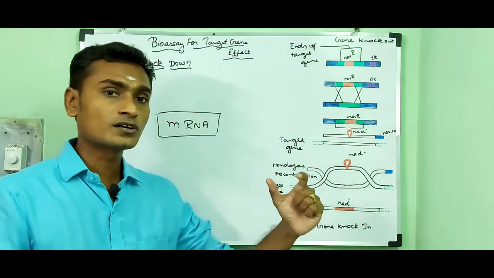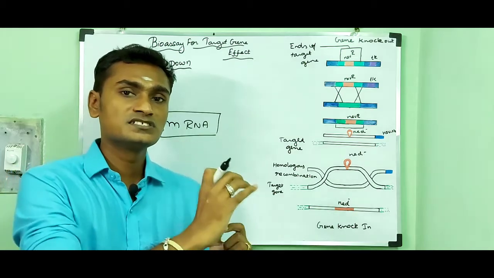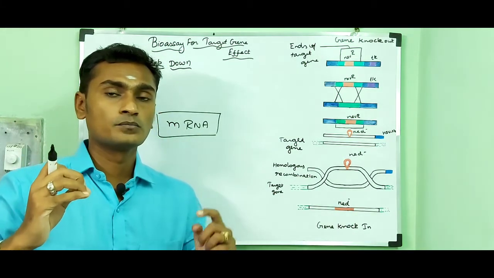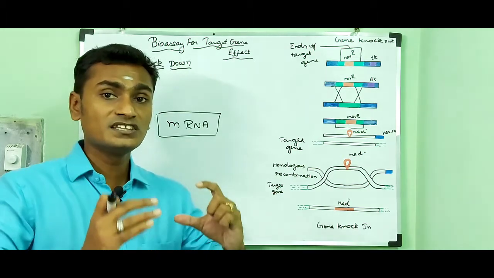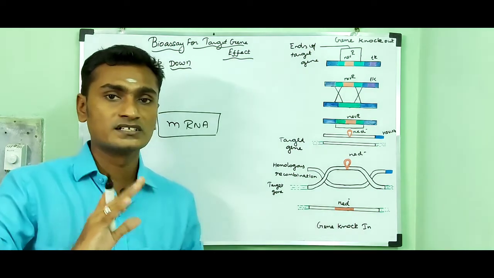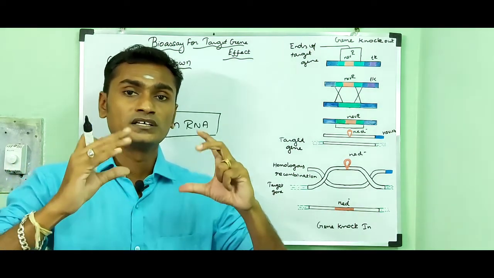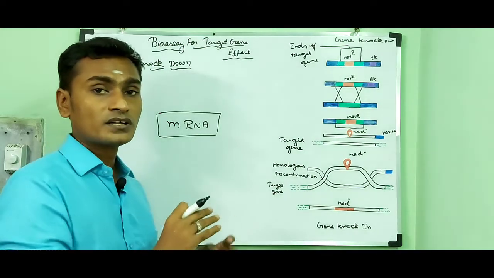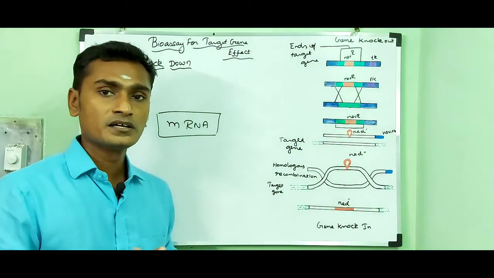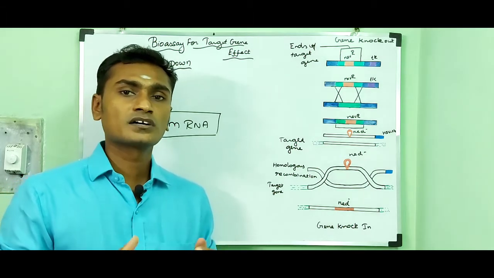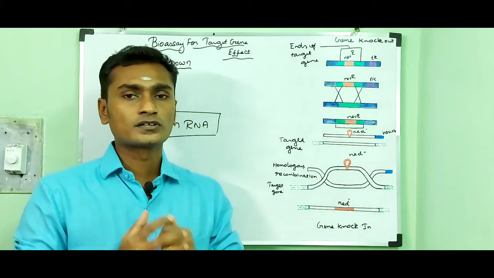So in the gene knockout process, that particular gene is removed from that organism permanently, but in the case of gene knockdown, that particular gene is present in the organism but is not allowed to express by introducing anti-codon or non-coding RNA molecules. So that's all about gene knock-in, gene knockout and gene knockdown processes.